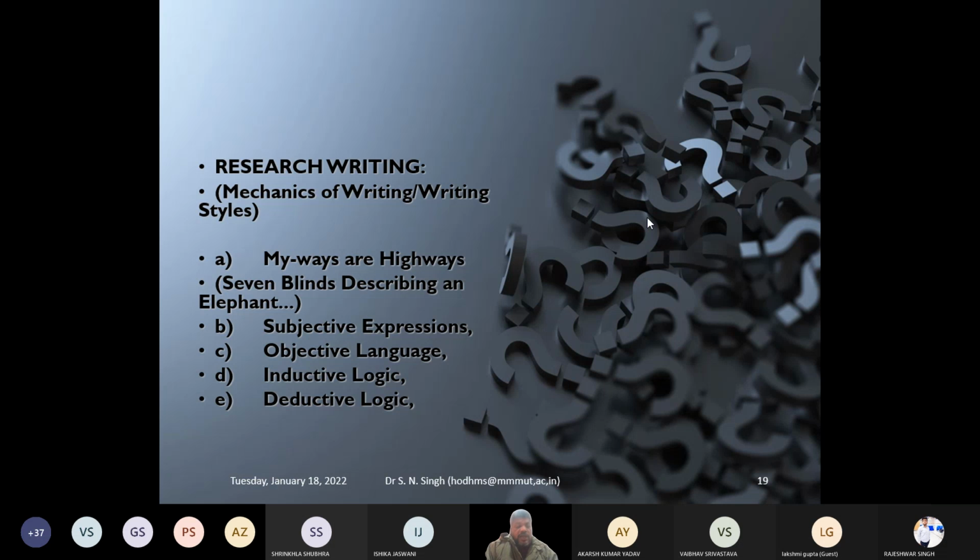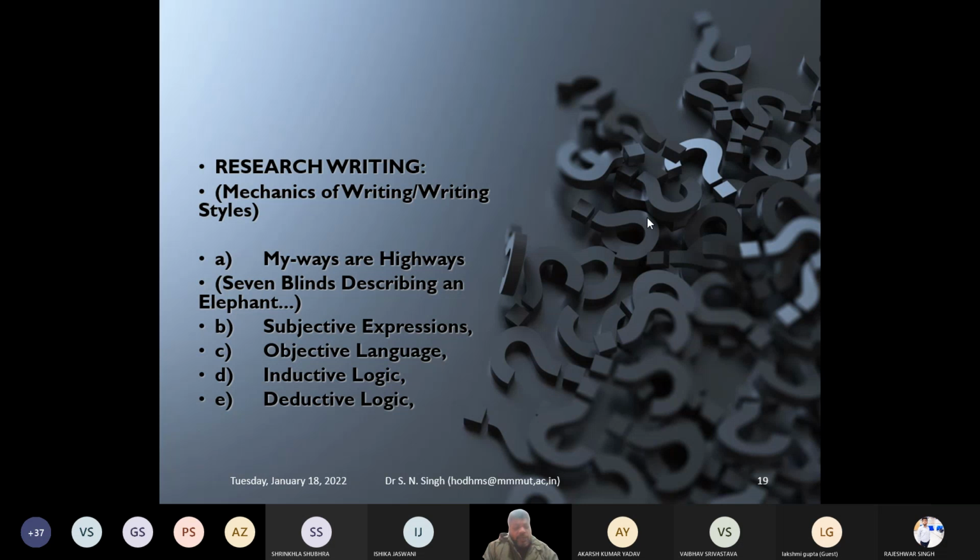We have discussed in earlier classes the example of seven blind persons describing an elephant in different contexts. There is a story taking its origin from Jain religion and Jain philosophy. Once seven blind persons were said to describe an elephant.